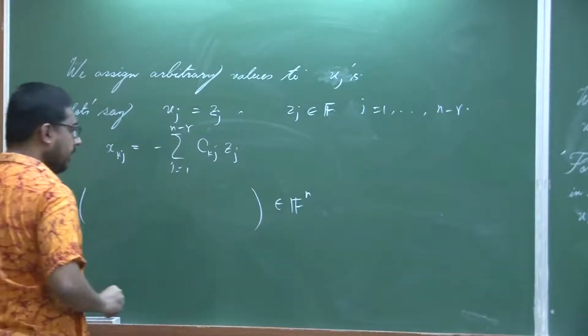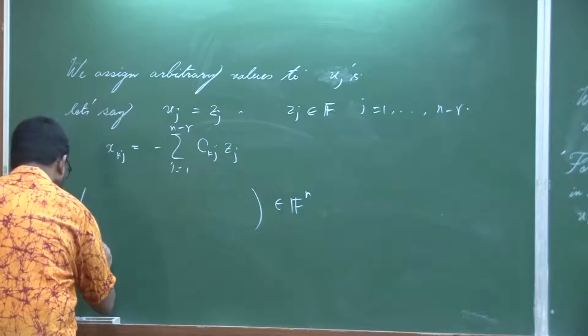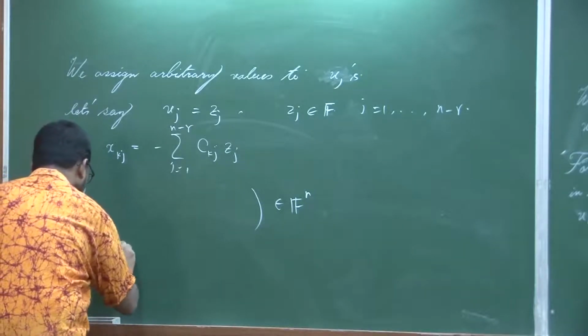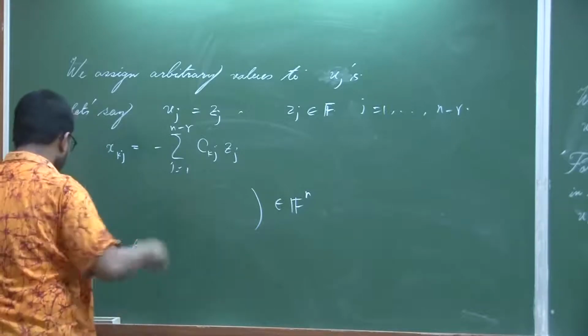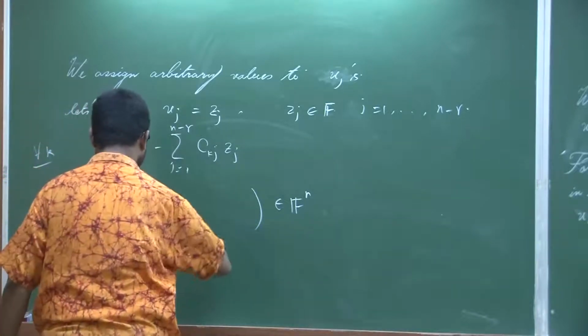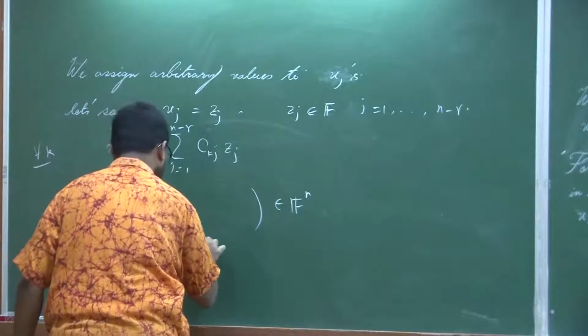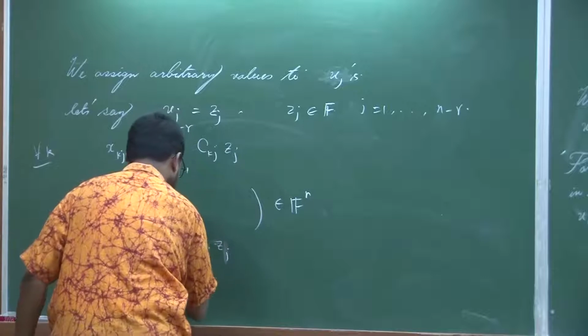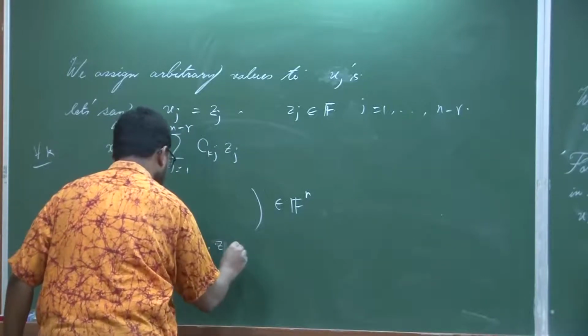So, in this tuple, for any k, the j_kth coordinate is going to be the summation of c_kj z_j, j from 1 up to n minus r.